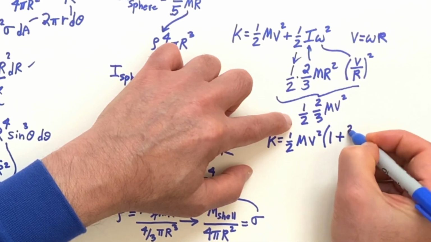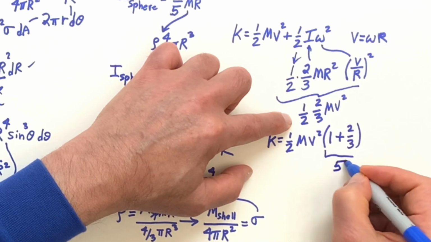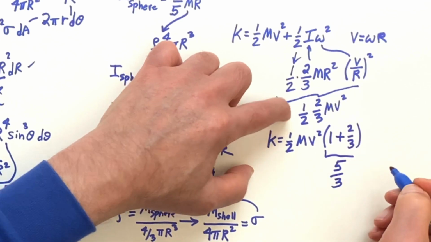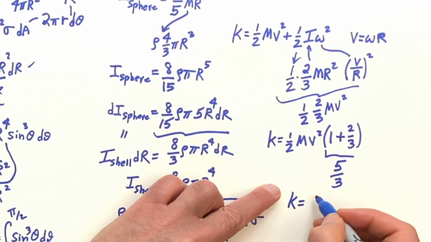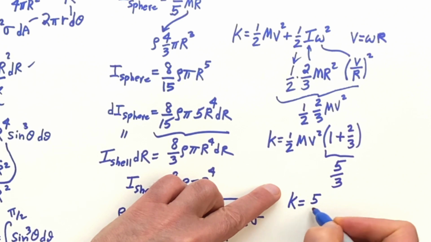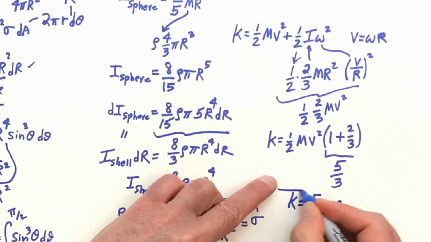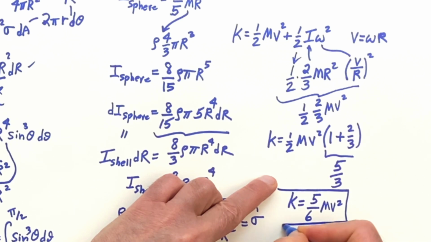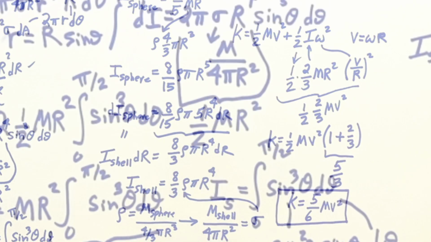So really I'm adding 2/3 like this, which is going to be 5/3. And the answer for the kinetic energy is going to be then 1/2 of this, 5/6 mv squared, where v is your translational velocity of the rolling shell.